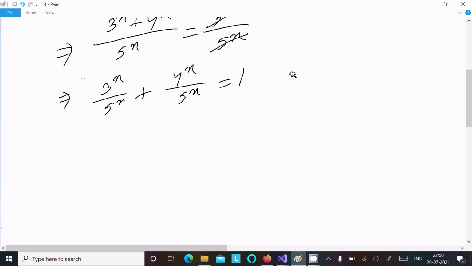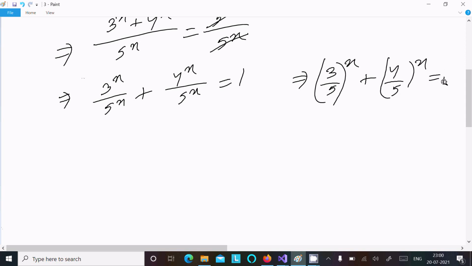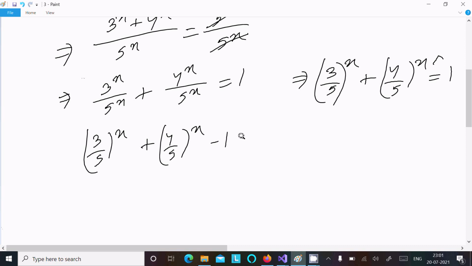After that we can write (3 by 5) power x plus (4 by 5) power x equal to 1. And 1 moving to the left, so minus 1 and equal to 0.